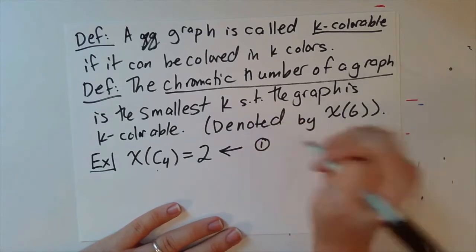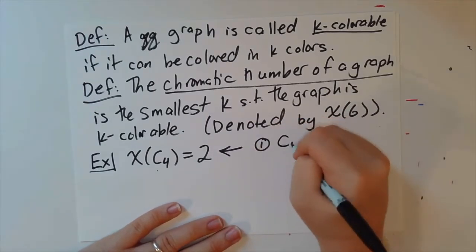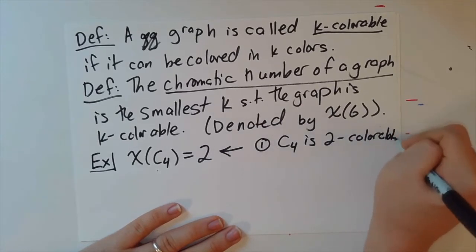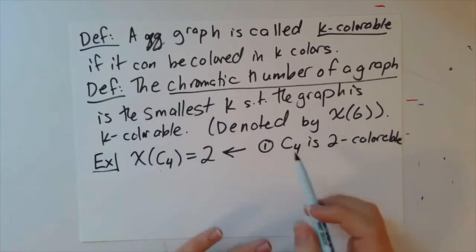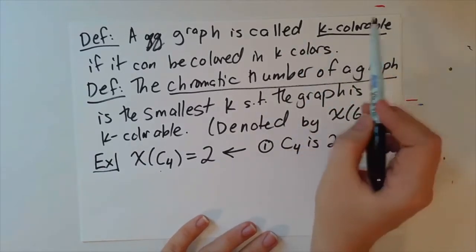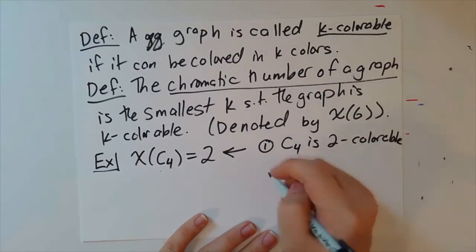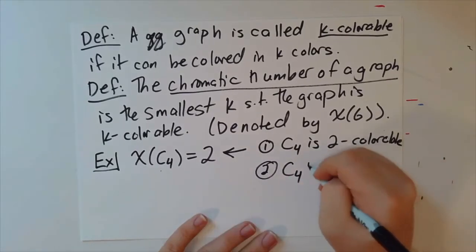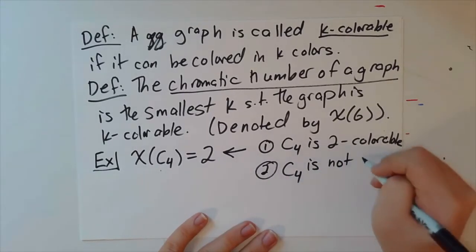Piece one is that the graph is two-colorable. But that's just telling you that it is colorable in that number of colors. It's also the statement that it's not colorable in fewer colors. So this is not one color.